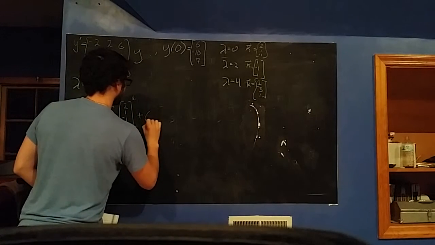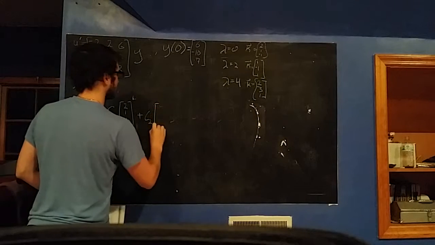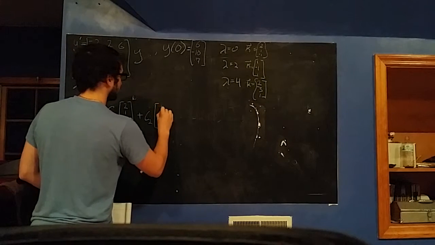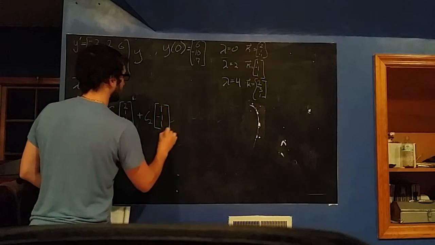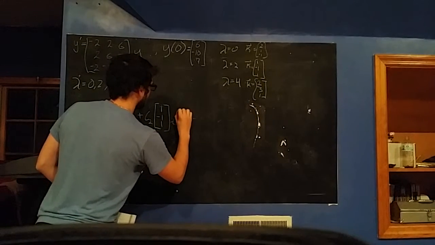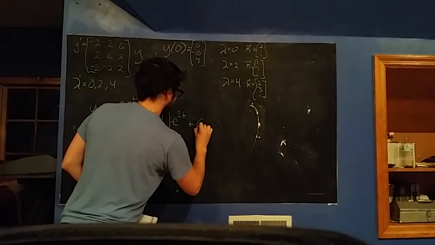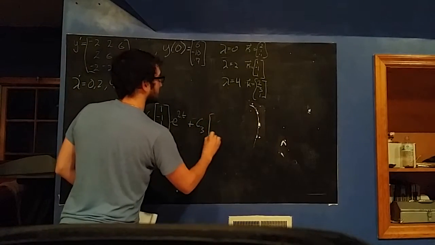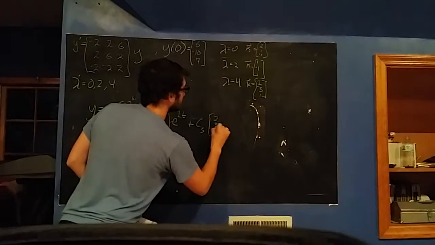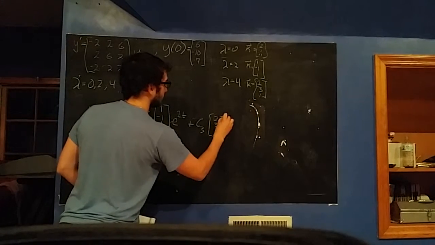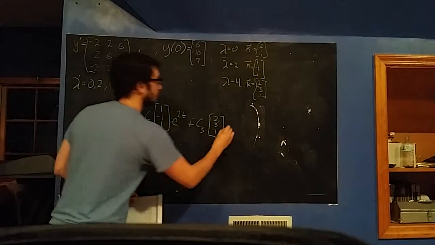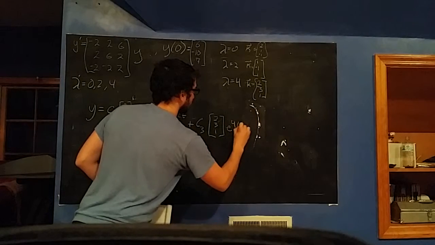Then we get plus c2 times our second k vector, which is 1, negative 1, 1, times e to the 2t, and c3 times our third k vector, which is 2, 3, 1, e to the 4t.